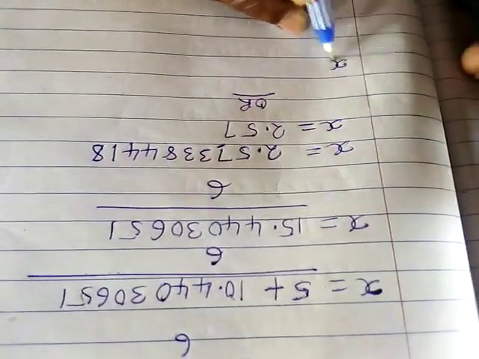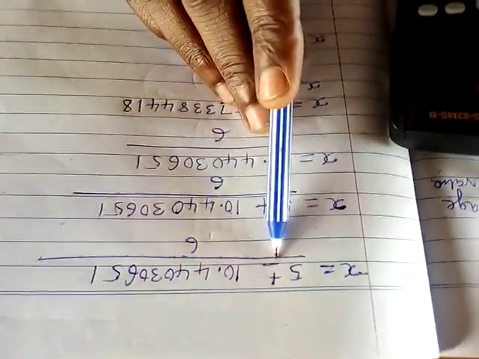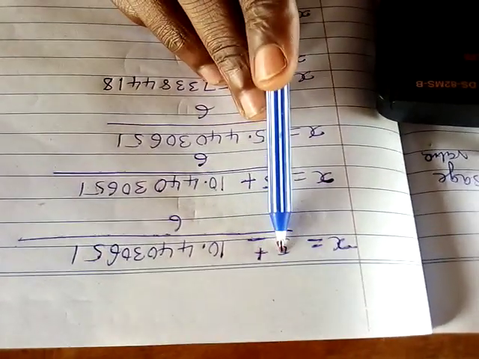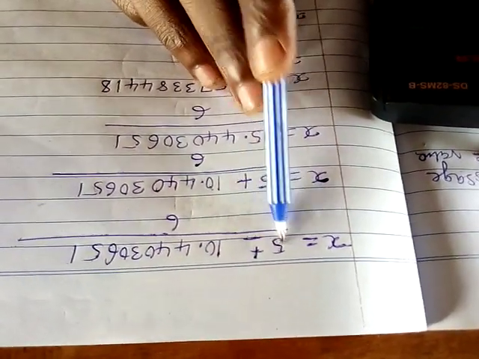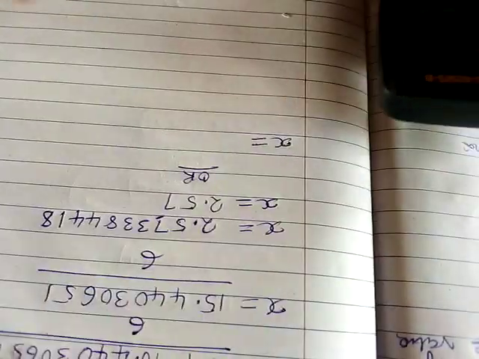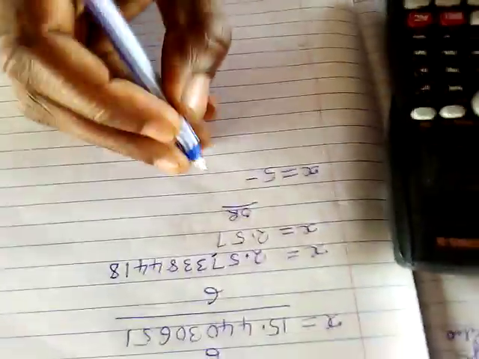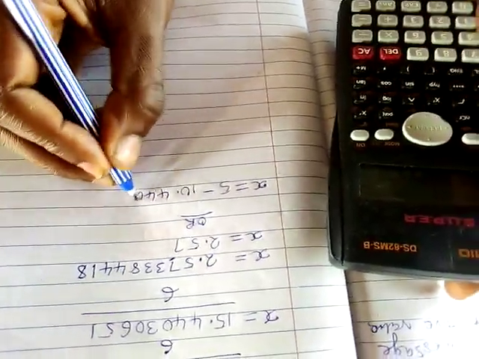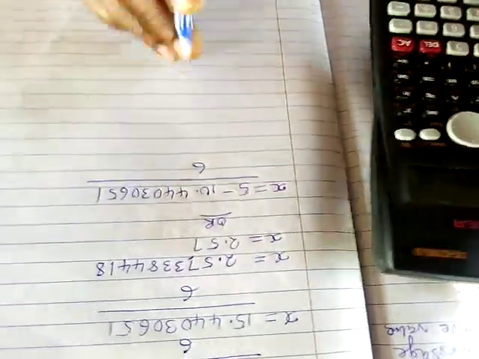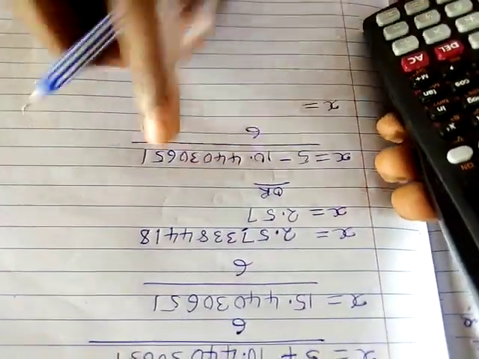Now we need to find the other solution. So the other solution is x is equal to, we start from here where we are given two signs. In the first place, we took a positive sign. Now this time around we are going to use a negative sign, minus. So this is 5 minus 10.44030651 over 6.